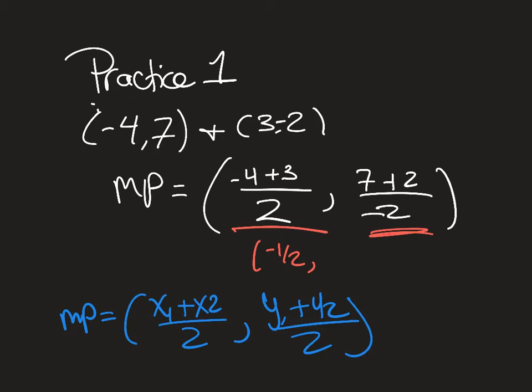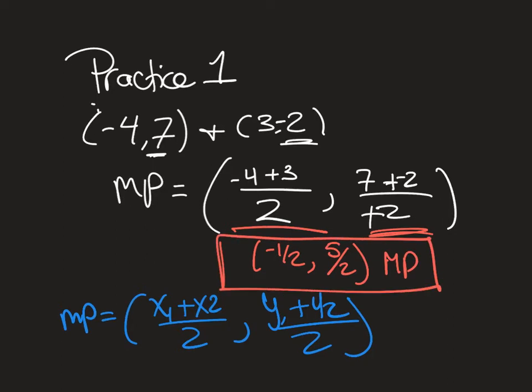This should have been -2 right there. So the 7 right here plus this -2 makes a 5 over 2, so it's going to be 5 over 2. And this is my answer for number 1. That is my midpoint of that line segment. Let's go on to number 2.